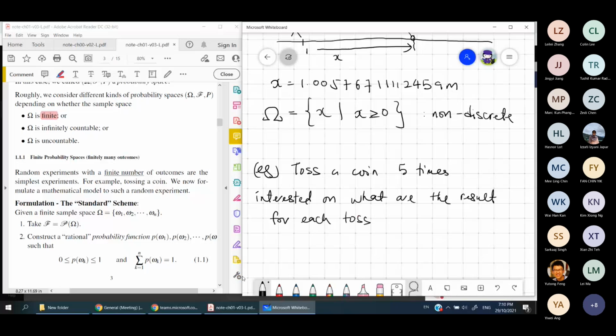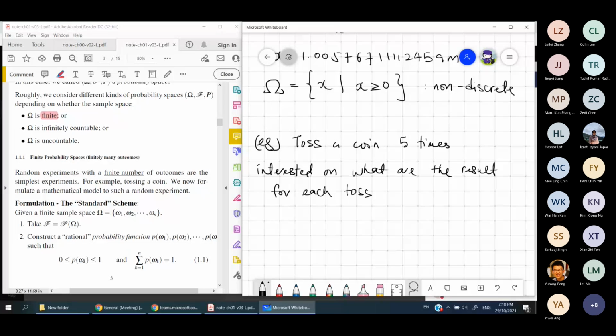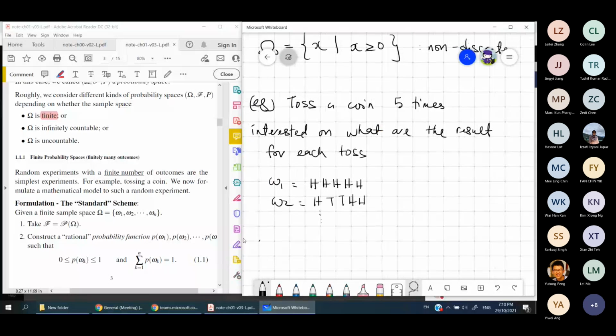So in this case, you're going to have 5 different results. For example, omega can be head, head, head, head, head. So this is one possible outcome. Another possible outcome is head, tail, head, tail, head, and so on, right? So your omega will be 5 of them.